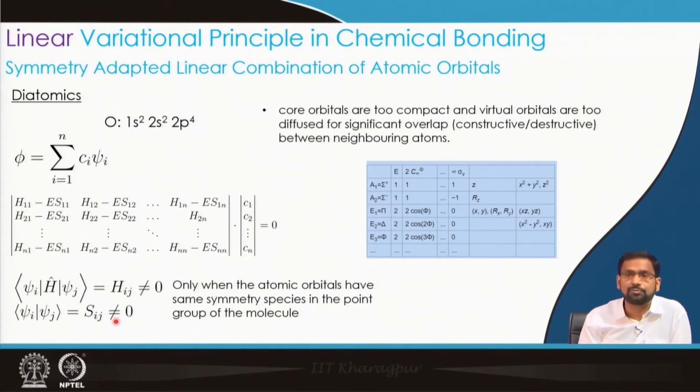So, this is the point group of C infinity v, this is the character table for C infinity v point group. Homonuclear diatomic molecules belong to D infinity h, that is because they have the center of inversion. Heteronuclear diatomics, they belong to C infinity v because they do not have the center of inversion, like CO, one side is carbon, the other side is oxygen. So, there is no center of inversion.